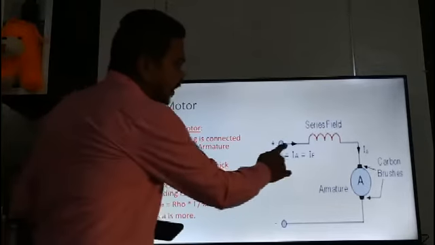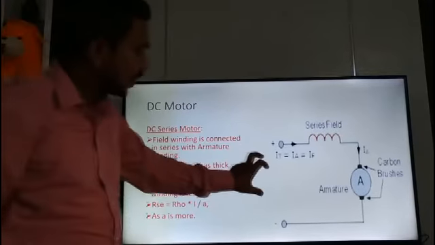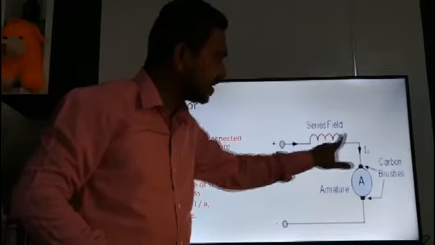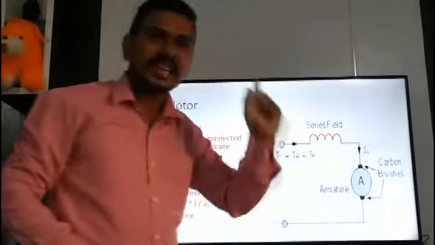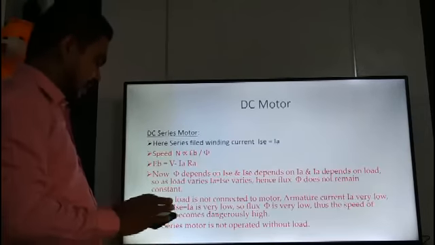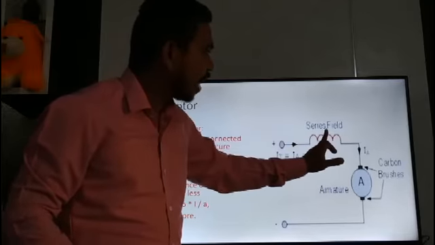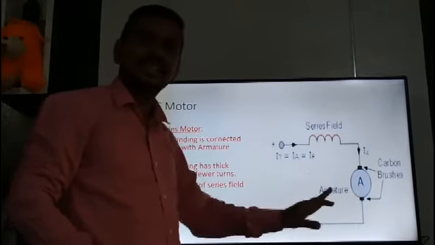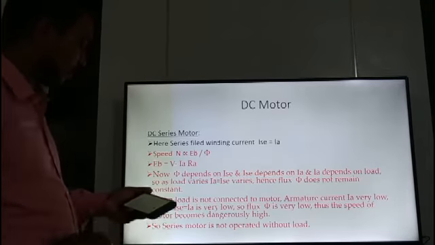The series field winding and armature winding are both connected in series, so as soon as the supply is given, the same line current flows through both. We can write IL is equal to ISC is equal to IA. So armature current and series field current are the same in this DC series motor.